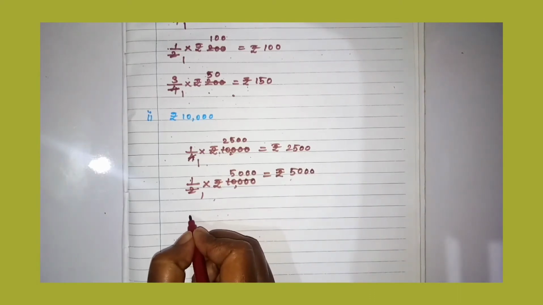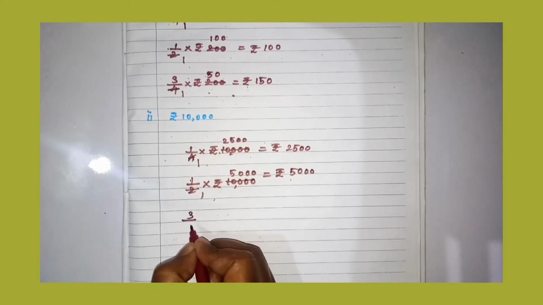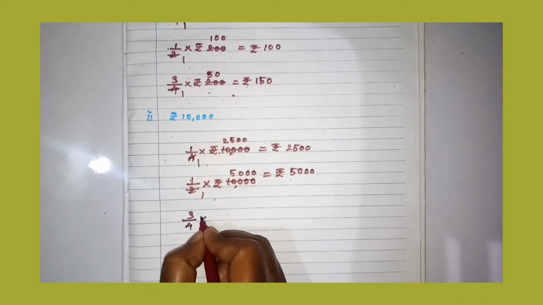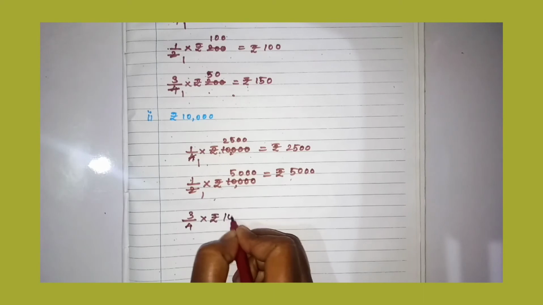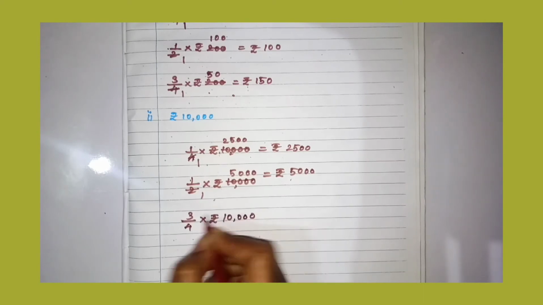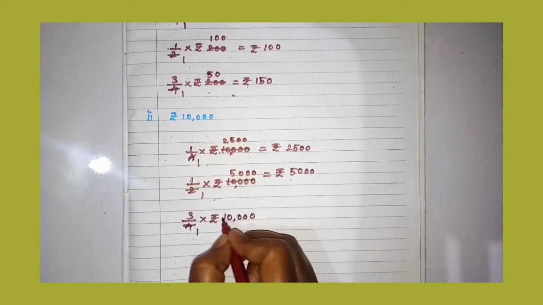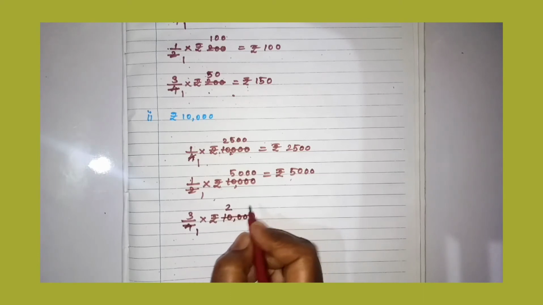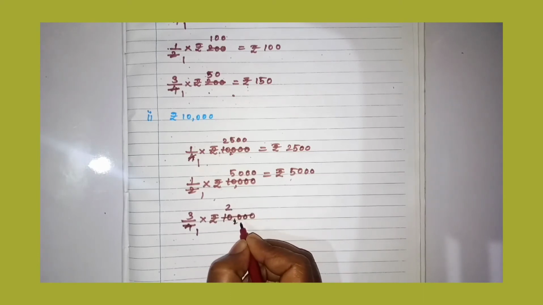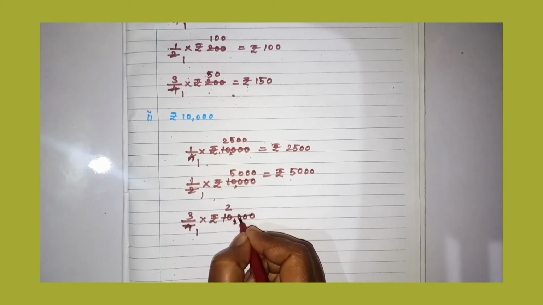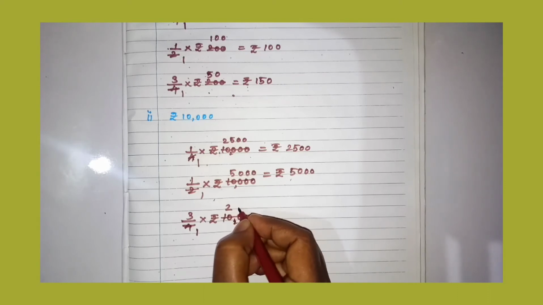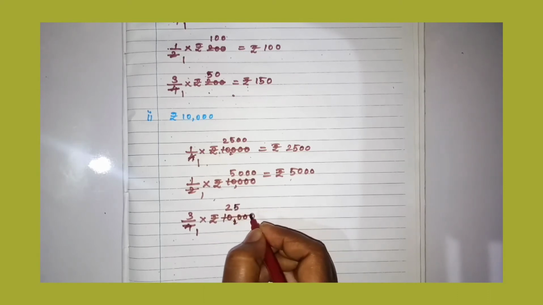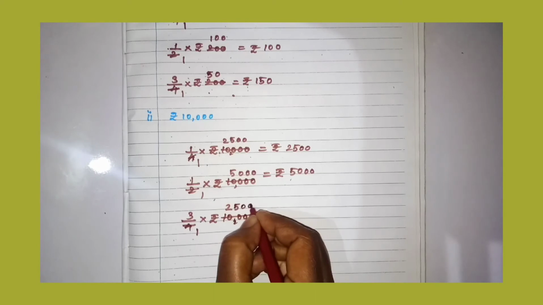Next 3/4 part, 3 by 4 into rupees 10,000. Now cancel the value. 1 4s are 4, 2 4s are 8, remaining 2. Consider 20. So 20 means 5 4s are 20, adding last two 0.